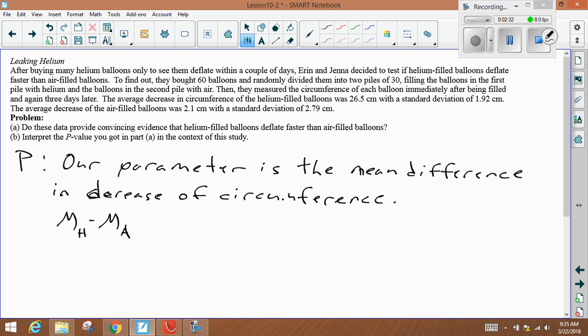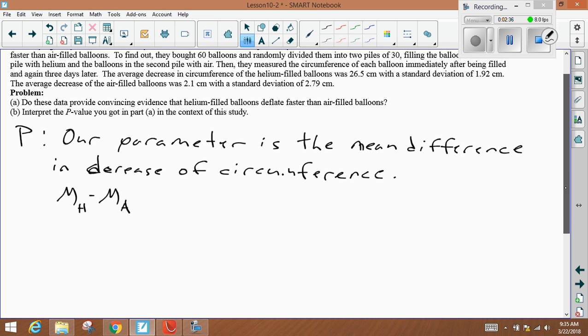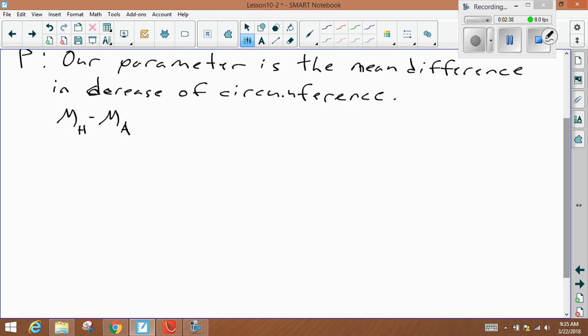Right, so that's what we're looking at. So we'll come up with a hypothesis. We think that mu sub h minus mu sub a would be 0, right? If there is not any decrease. But mu sub h minus mu sub a.